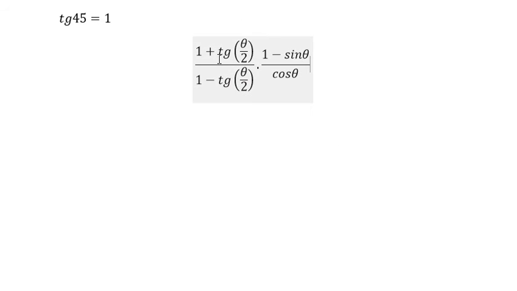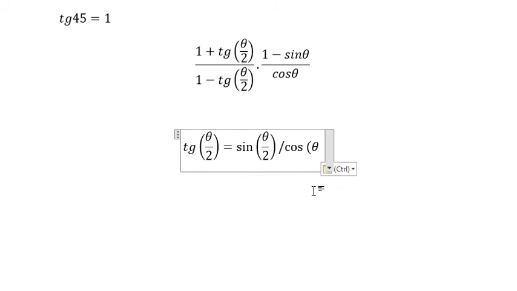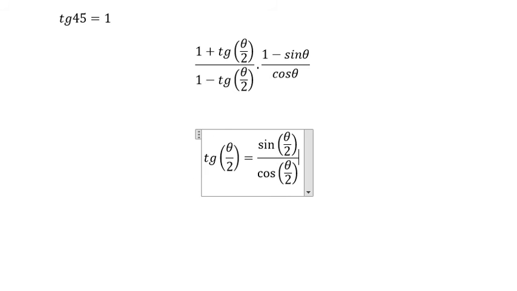Next, we have the formula again: tan theta over 2 equals sine theta over 2 over cosine theta over 2. So we will apply this formula in this situation.